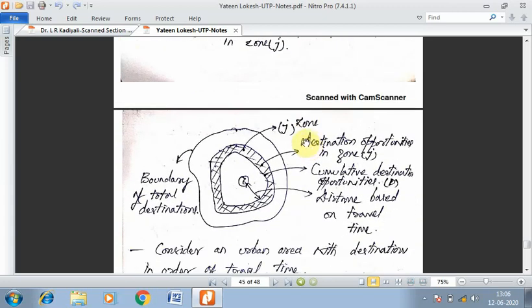Now diagrammatically he tried to express this process in this form.